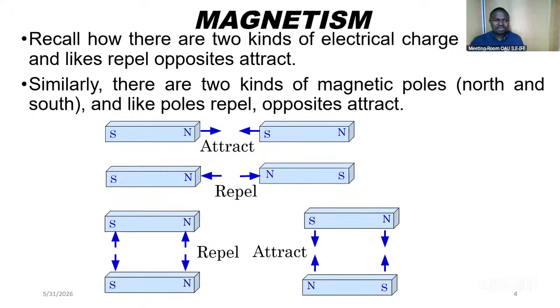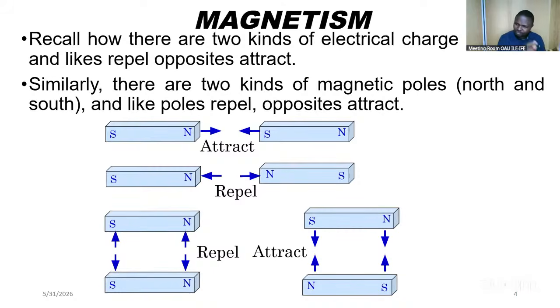So you remember that when you were taught electric field, we have two charges, positive and negative charges. And you remember vividly, maybe from high school, that we believe like charges repel and opposite charges attract.